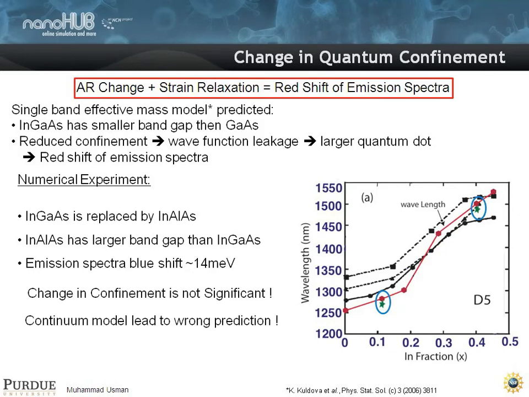Really, the continuum model, as I had shown in previous lectures, can lead to the wrong conclusion. What that model doesn't have is the bimodal distribution of the indium arsenide and gallium arsenide, and it doesn't have the atomistic representation of the strain, and therefore comes to the wrong conclusion.